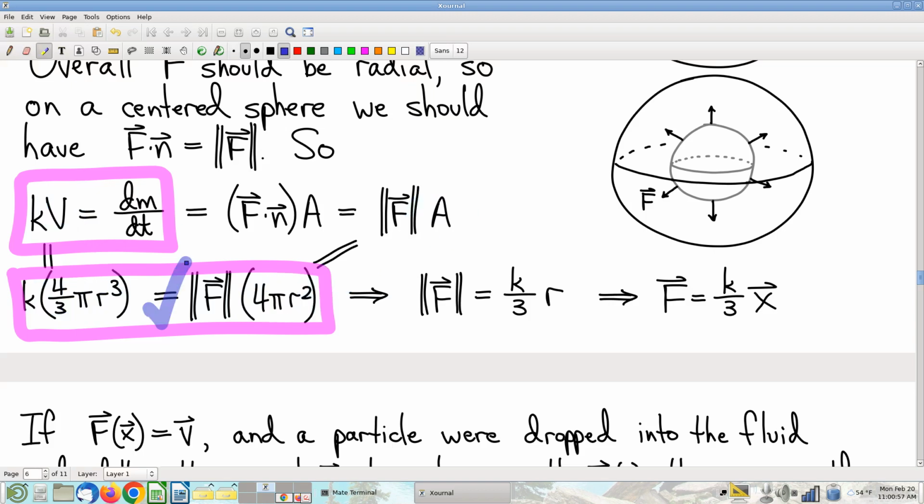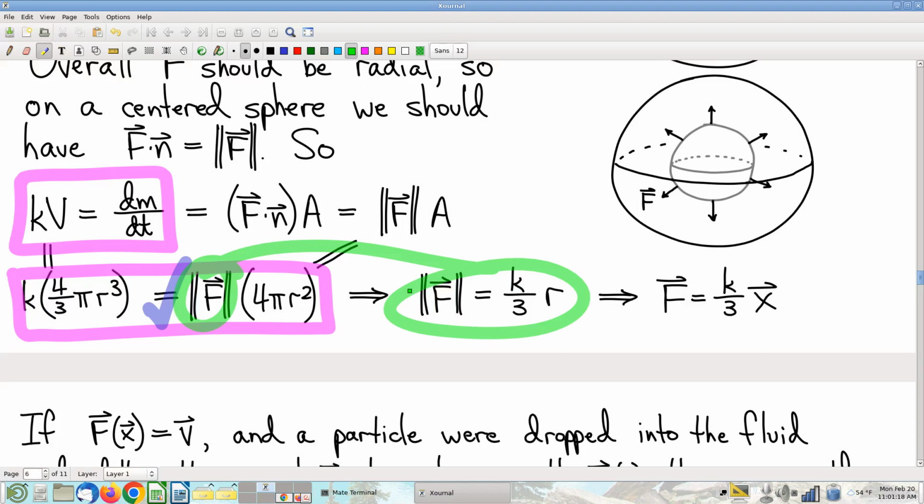I've got an equation here from which I can infer the magnitude of my vector field. I still don't know the vector field itself, but I do know that the magnitude has to be, again, constants, not our problem, but proportional to r, proportional to distance from the origin.